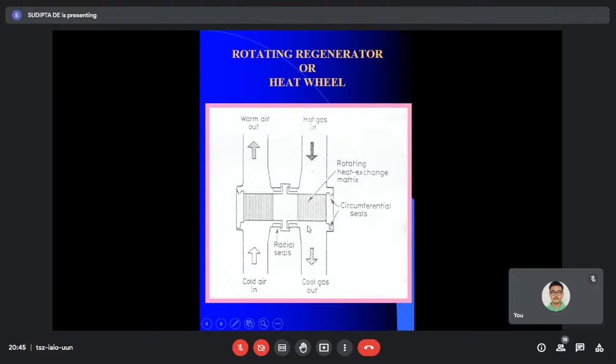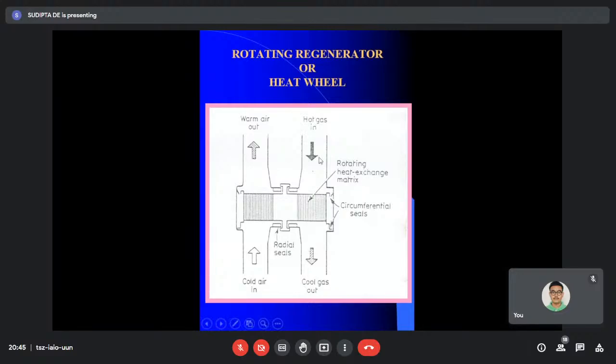So then what is happening? If you provide this gap, then obviously the gas will have a path either side, as the pressure here is higher and here low. Due to the pressure difference, gas will have a tendency to flow through the outside circumference. So the circumferential seal is also important.